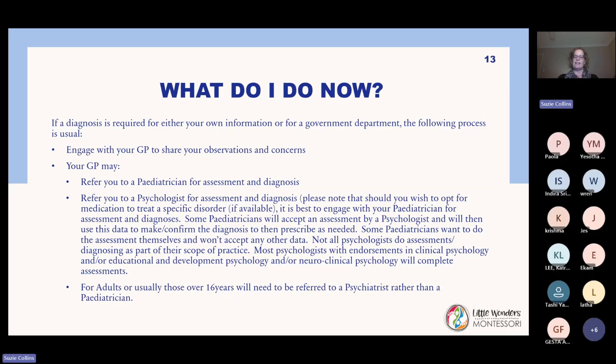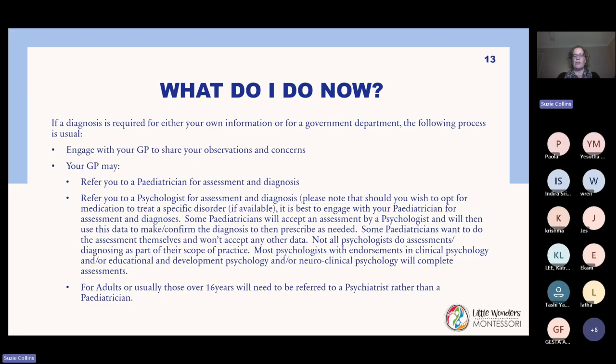The other side of that is not all psychologists do assessments and diagnosing as part of their scope of practice. If you were looking for a psychologist to do that, look for one with an endorsement, such as clinical psychology, education and developmental psychology, or even neuropsychology.